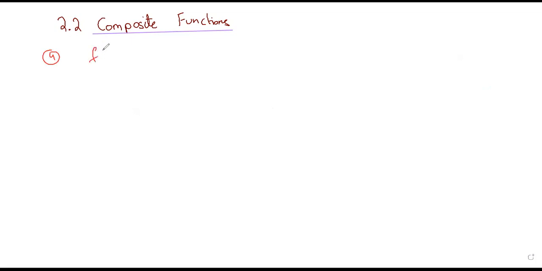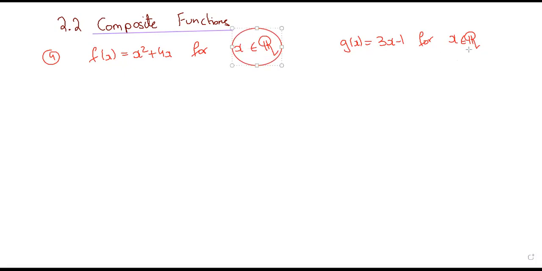And here we have f of x equals x squared plus 4x for x belonging to the set of real numbers, okay? And then we have g of x, that is another function, and that is equal to 3x minus 1 for x belonging to the set of real numbers, okay? So we have two functions and the domains are given. What are the domains? Both the functions are basically coming from the entire set of real numbers. The domains are the entire set of real numbers.